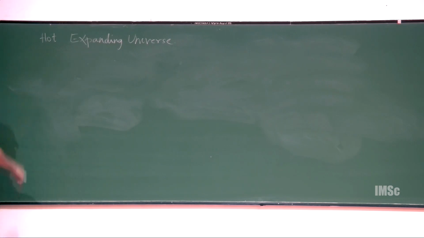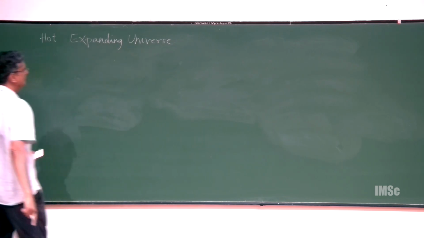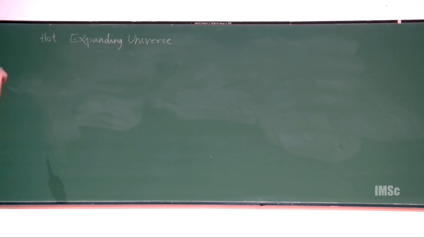And so this is what we will talk about today. How do you make an analysis of this particle physics in the expanding universe? So for that, first let's look at how to model this expanding universe, and then we will add the hot part, and then we will get our basic formalism all done.